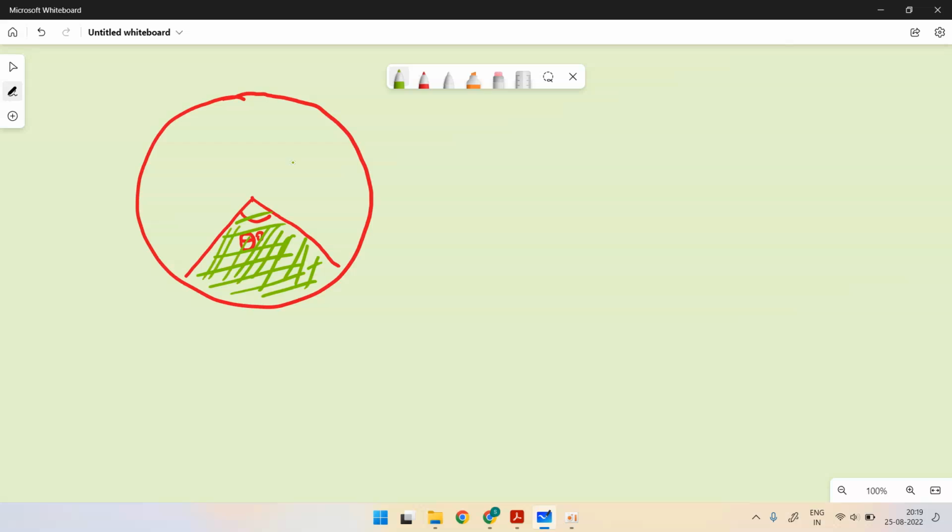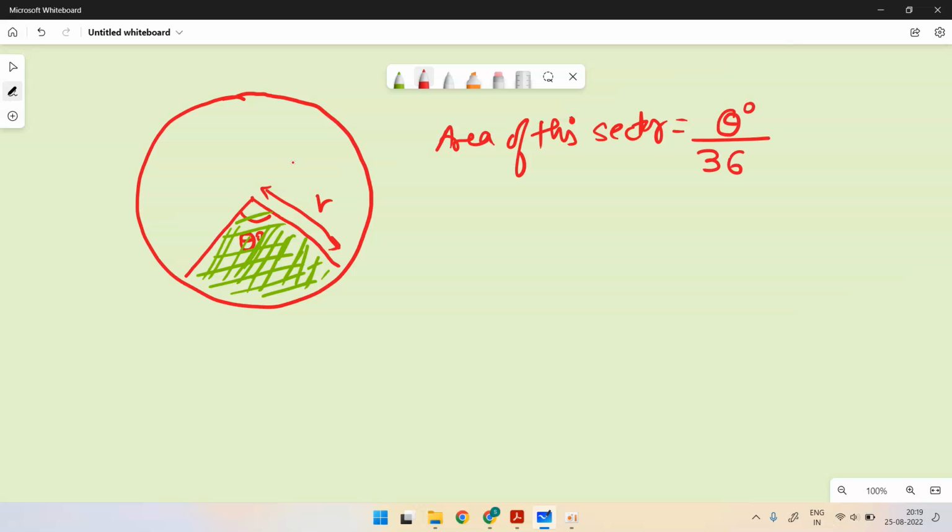Area of this sector equals theta by 360 degrees into pi r square. This is the area of the sector.